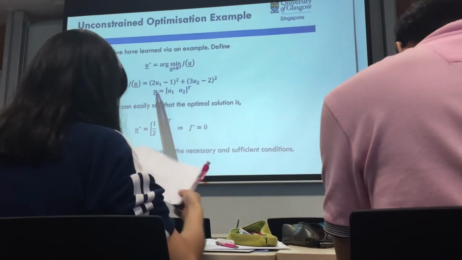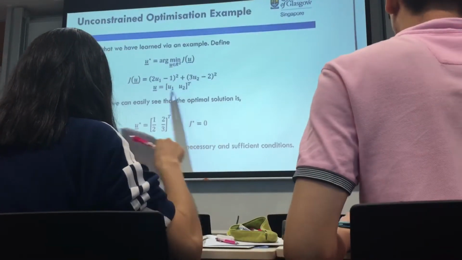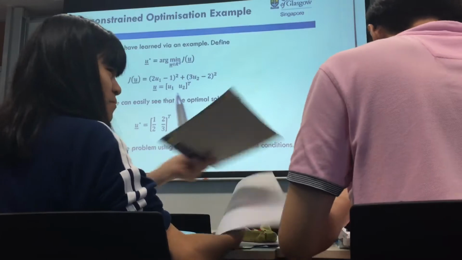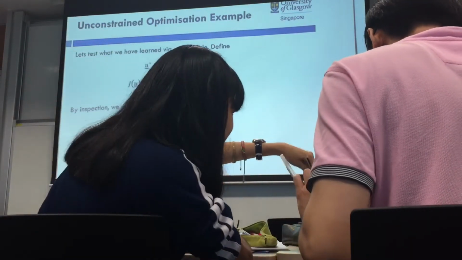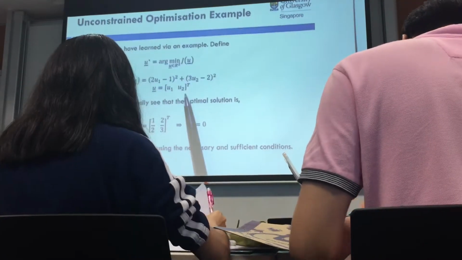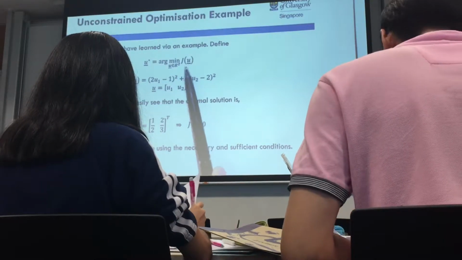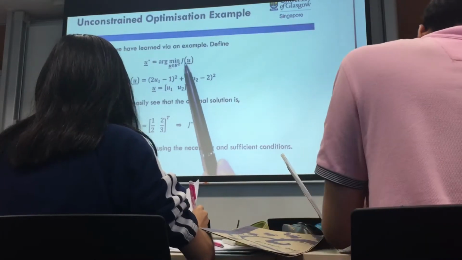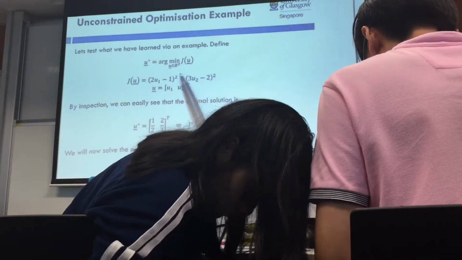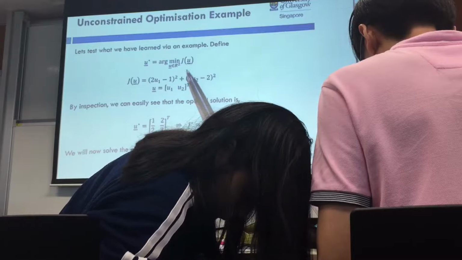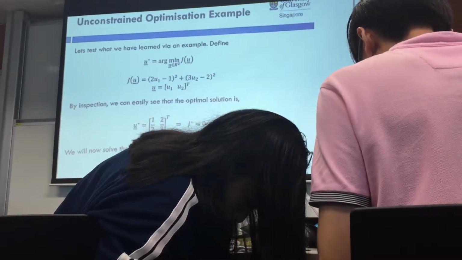In this case, u is two-dimensional, so you can think of it as x and y. We want to minimize the function over a two-dimensional space. In a two-dimensional space, this cost function will span a surface, so we want to find the minimizing point on this surface over the space.